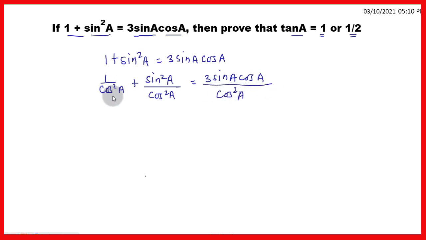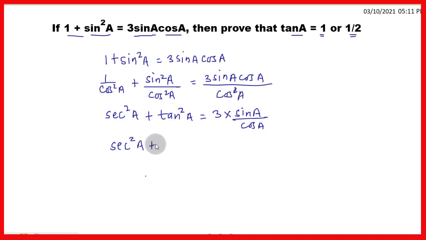We know that 1 upon cos square a is sec square a, plus sine square a upon cos square a, that is tan square a, which is equal to, here 1 cos a and 1 cos a will get cancelled, and you will get 3 into sine a upon cos a, and sine a upon cos a is tan a, so it will be sec square a plus tan square a, which is equal to 3 tan a.